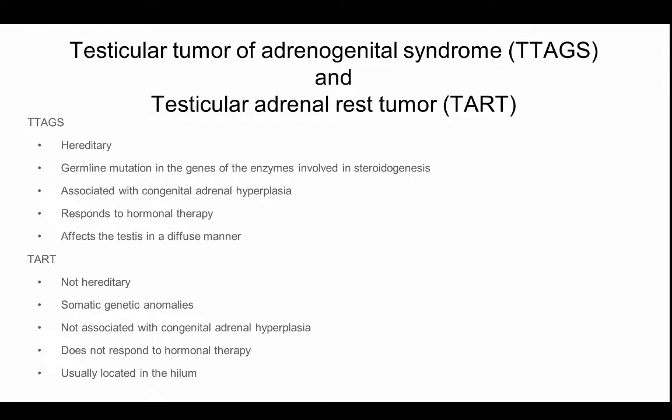A couple of tumors I'm going to talk about are the testicular tumor of adrenogenital syndrome and the testicular adrenal rest tumors. Depending on what text you read, they may be classified as the same thing, but if you separate them, it would be based on whether or not they're arising in the context of adrenogenital syndrome, which again is a malfunction in the congenital biosynthesis of glucocorticoids.